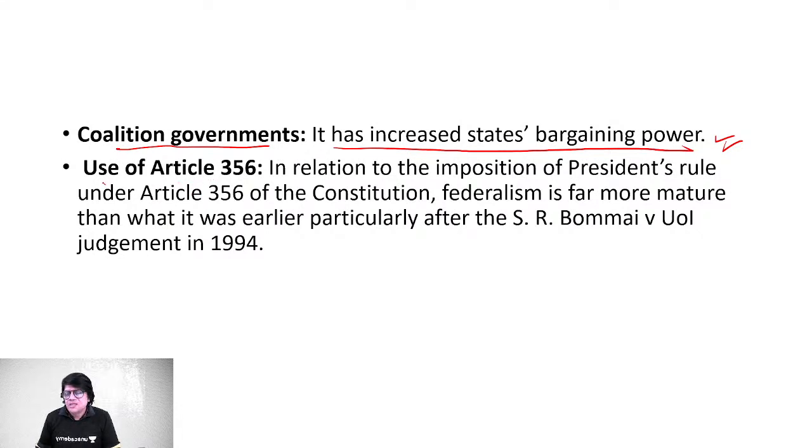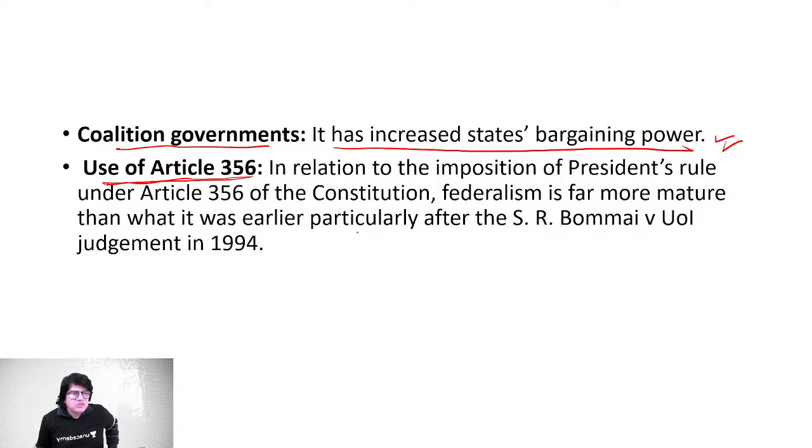And then the use of Article 356, for example, it was for a long time arbitrarily used at times for political purposes, at times even for indistinct purposes, which were disputable.